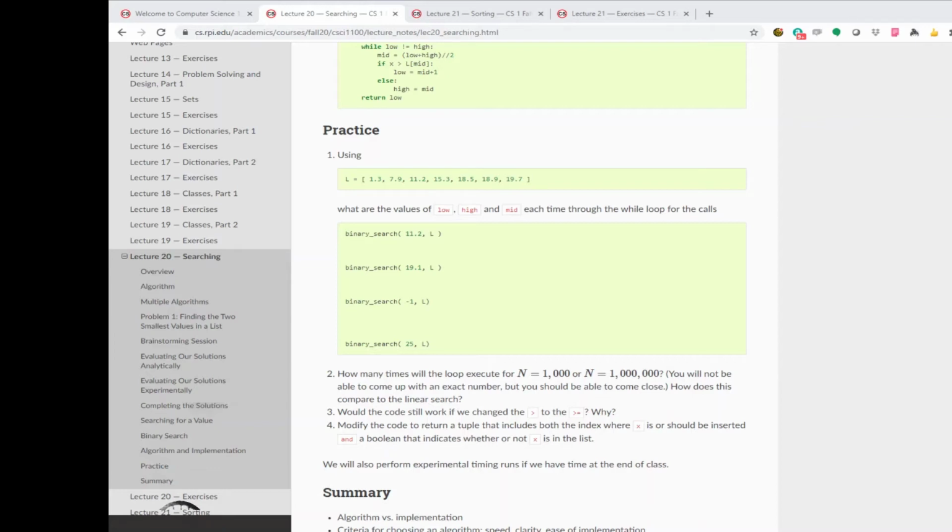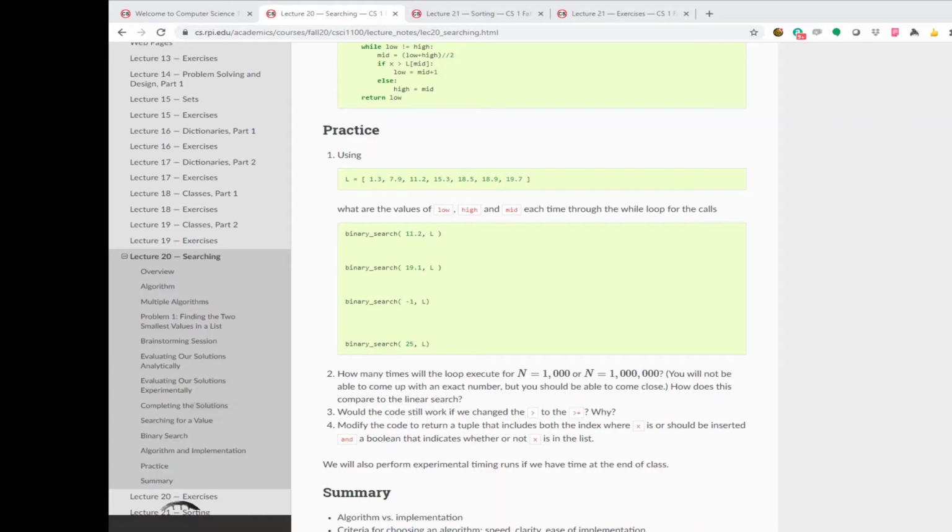Okay, do I know which ones are particularly bad? Yeah, 19.1 looks good. Okay, so our list looks like 1.3, 7.9, 11.2, 15.3, 18.5, and 19.7.